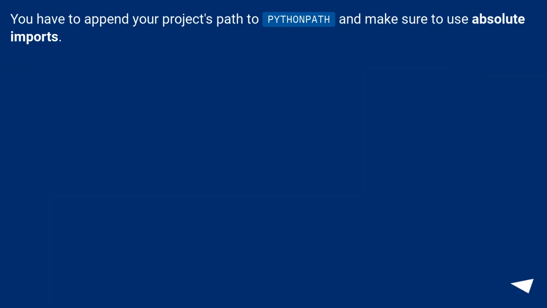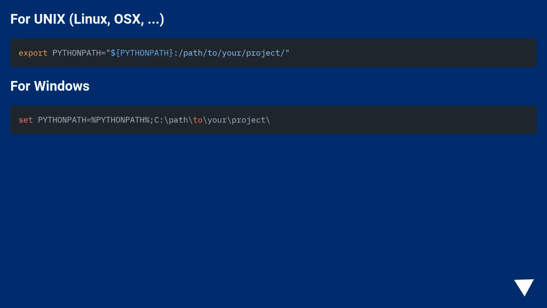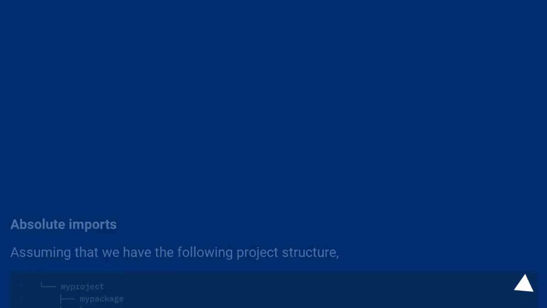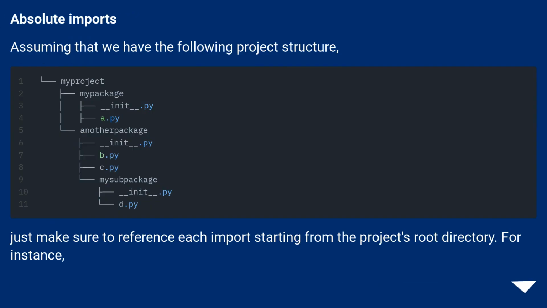You have to append your project's path to the Python path and make sure to use absolute imports. For Unix, Linux, OS X. For Windows. Absolute imports, assuming that we have the following project structure.